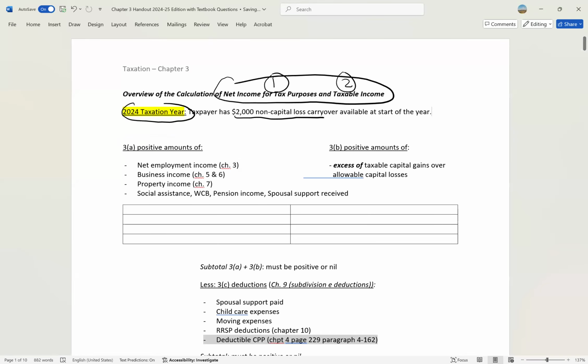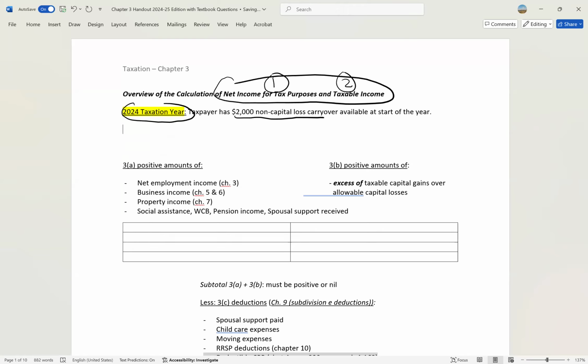Now, we talked a little bit about loss carryovers last week, and we said that a non-capital loss carryover basically means that there were certain types of losses that we couldn't use up in a particular year. So a non-capital loss carryover can be carried back 3 years, and we can carry it forward 20 years.